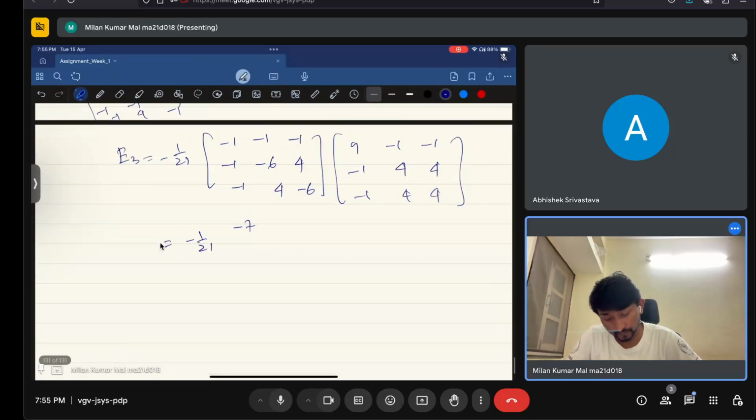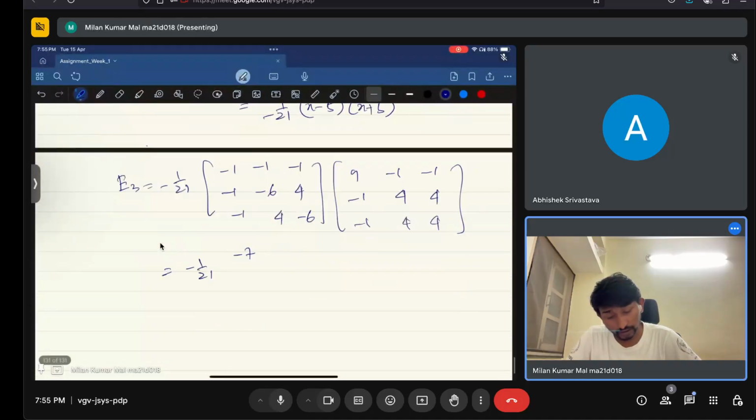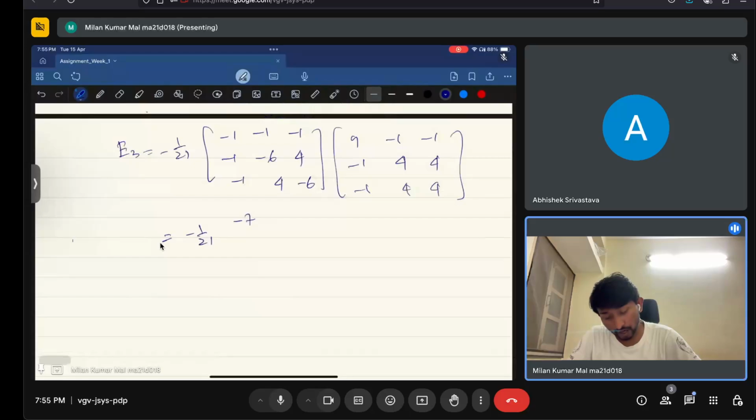Next will be 1 minus 4, that is again minus 7, and again 1 minus 4, minus 7. Next will be minus 9 plus 6 minus 4, that is 13, again minus 7.